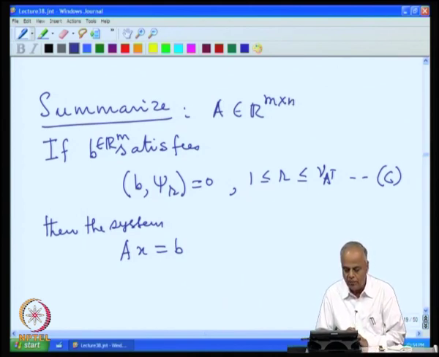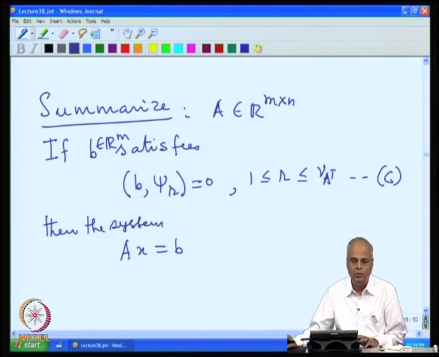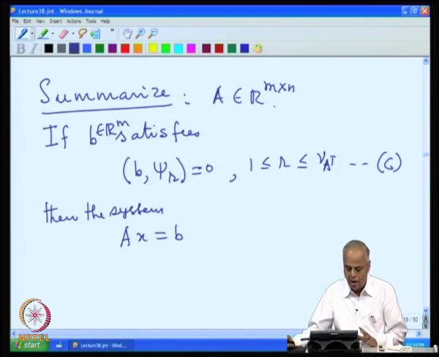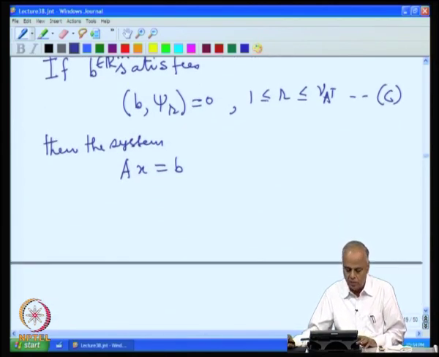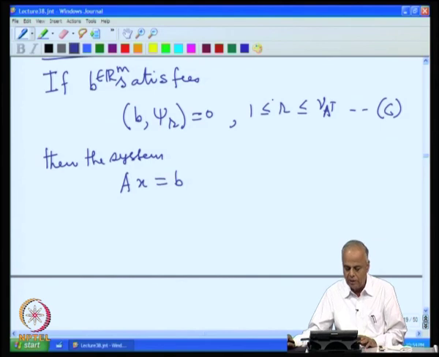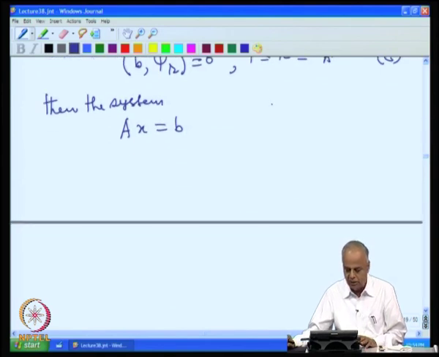If B satisfies this consistency condition, where the size, phi's, u's and v's are the same as we have in the figures that we have been drawing, the corresponding orthonormal basis. So, when B satisfies this consistency condition, the system has a solution.